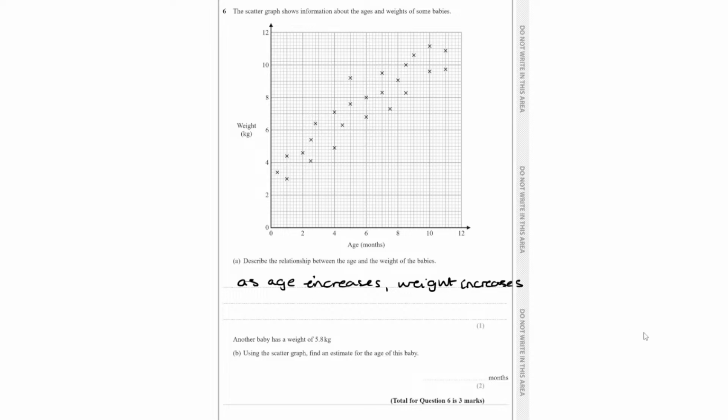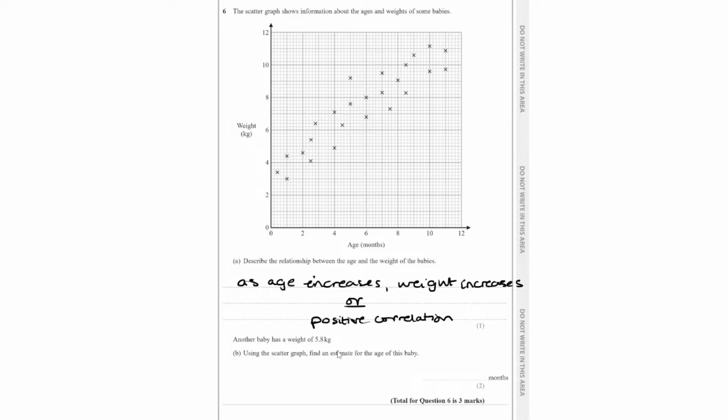It's meant to be super basic, whatever you can see in front of you. So you can either write that, or they have accepted positive correlation, which could also be an easier thing to write down. Whichever of those two, or some version of, as the age increases, the weight increases, is fine.